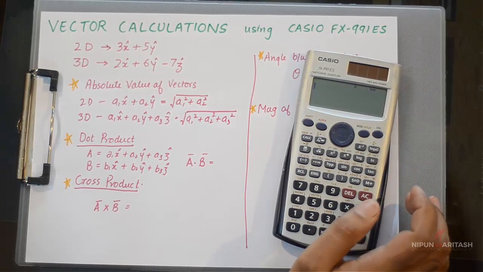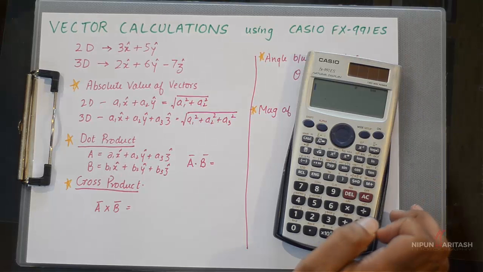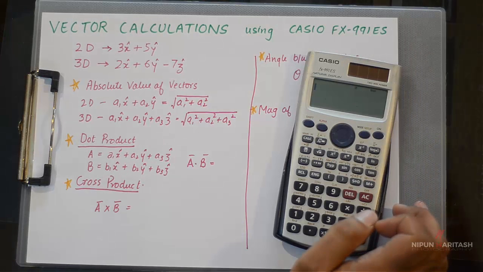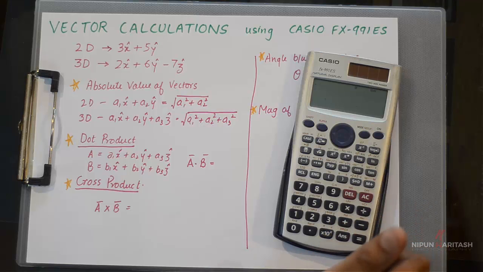In this comprehensive tutorial, I'll be showing the vector calculations using Casio 991ES. Now, vector calculations are one of the most tedious calculations in mathematics. However, in the Casio 991ES calculator, we can do it with a lot of ease.